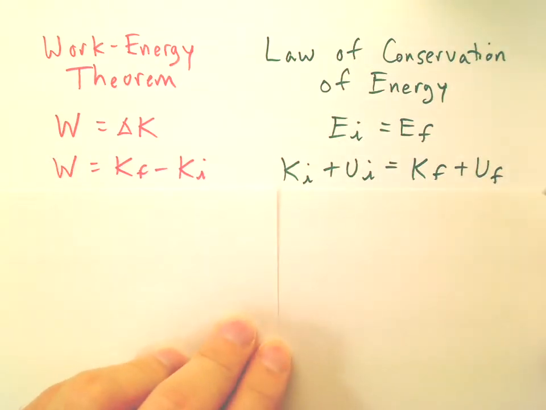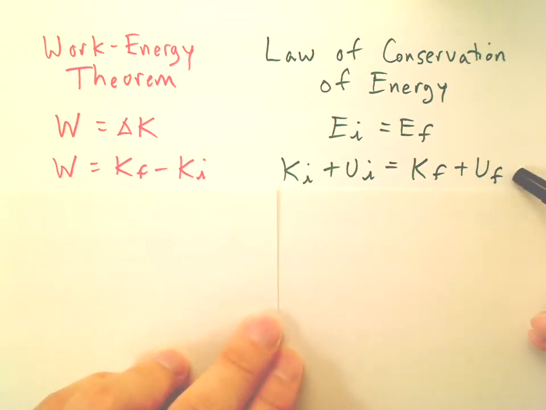But the real advantage of potential energy is just that it's easier to work with. For some reason, people are just less prone to making mistakes with potential energy, and that's really why it was invented in the first place, I think. It's just a better, more reliable way of dealing with work when possible.